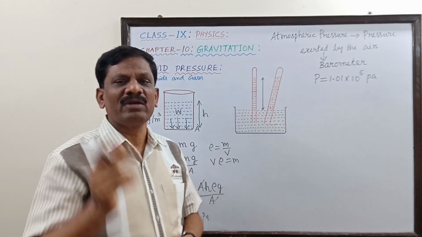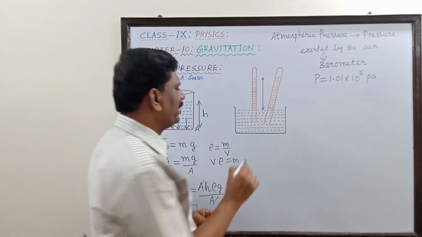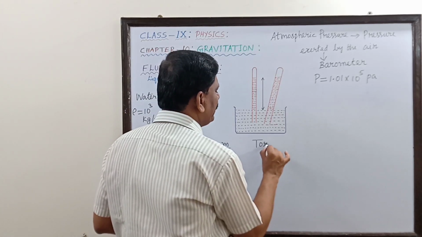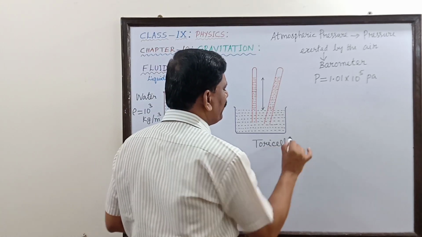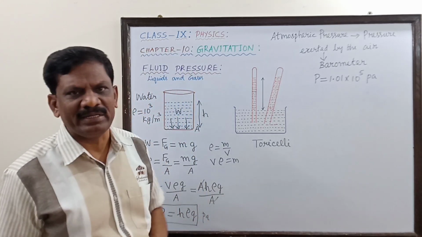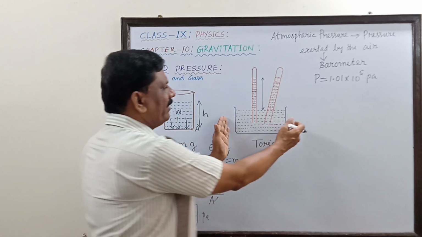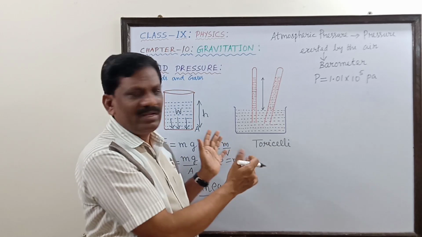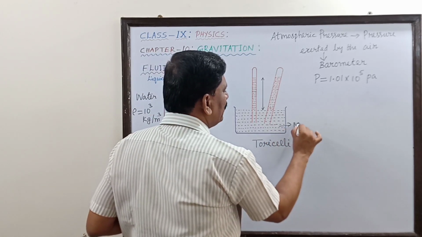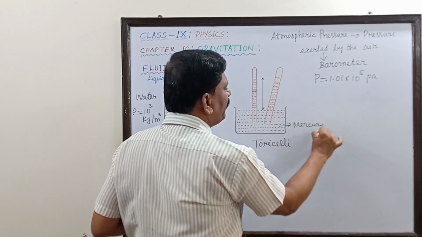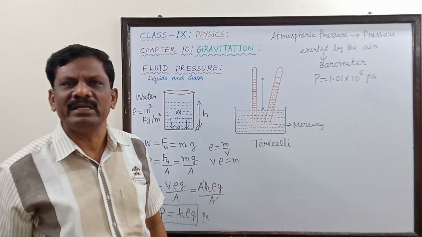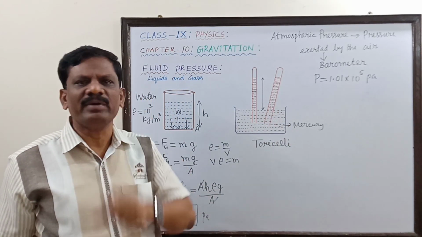Okay, the first barometer model was constructed by a person, namely Torricelli. Torricelli is the name of the person who constructed the barometer. So for this he took a large vessel called a trough, filled with mercury. So the liquid taken by him inside this container was mercury. Mercury is a very heavy liquid, do you know?